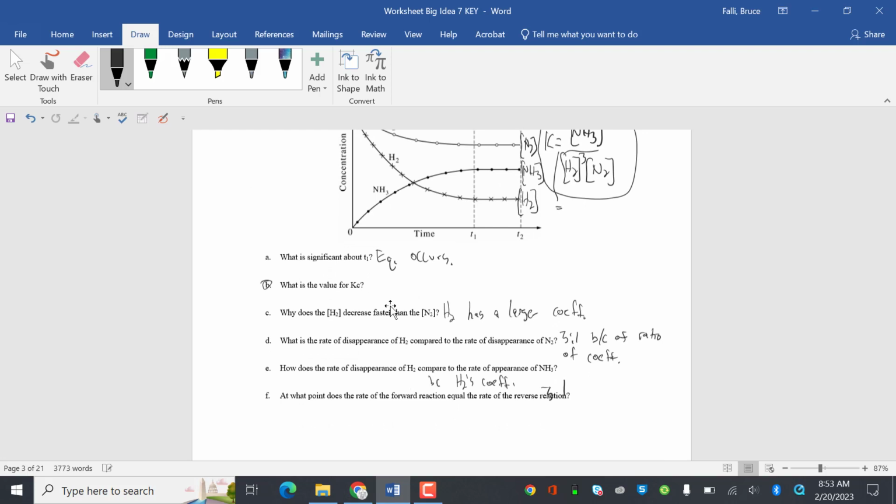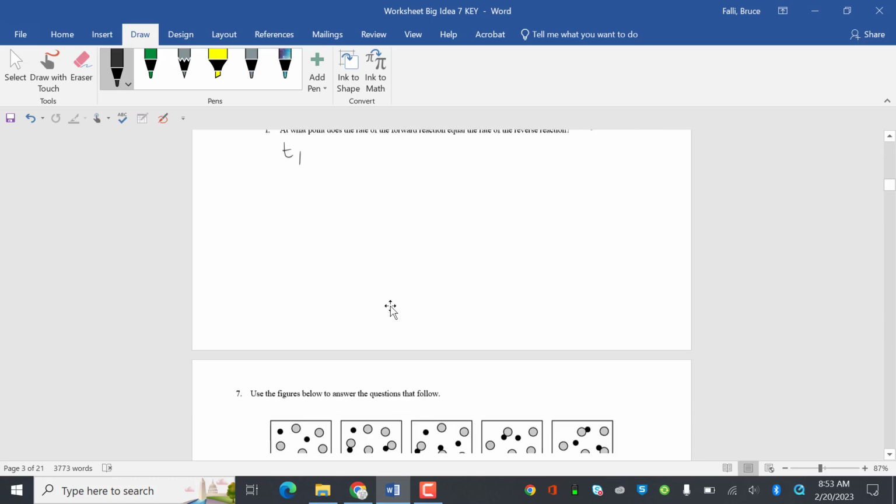That's what we get for not looking. 3/2 because H2's coefficient is 3 and NH3 is 2. At what point is the rate of the forward reaction equal to the rate of the reverse reaction? T1. And that's typically when the changes are 0.